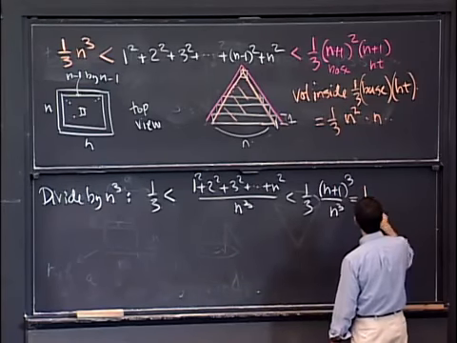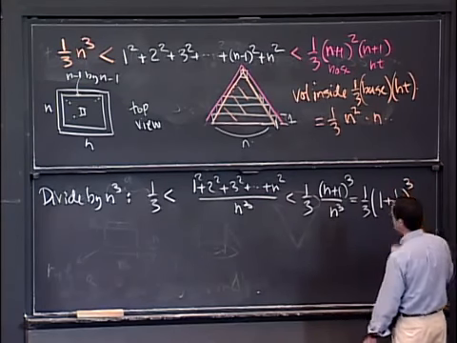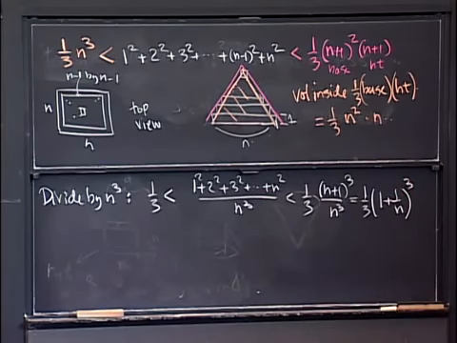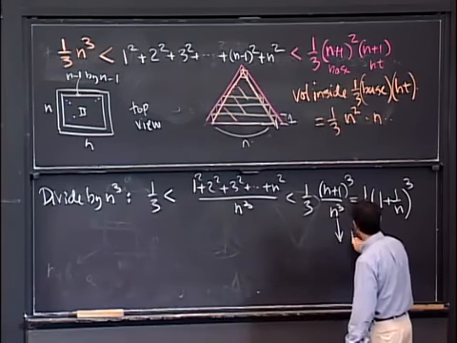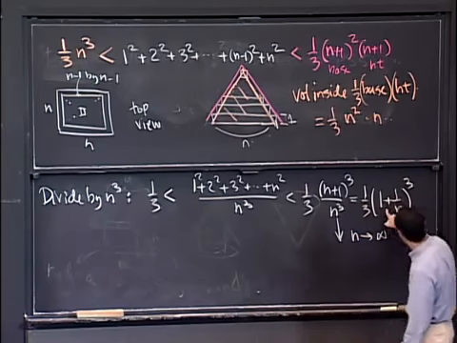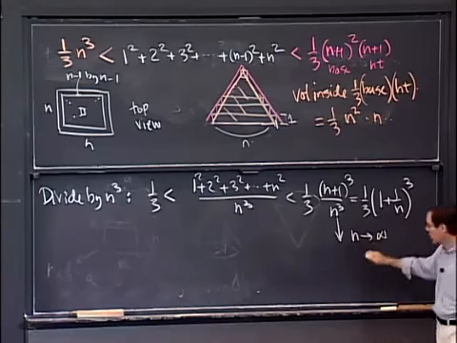And that's a third times 1 plus 1 over n cubed. And now I claim we're done, because this is a third, and as n goes to infinity, this quantity here goes to 0. So this also goes to a third.